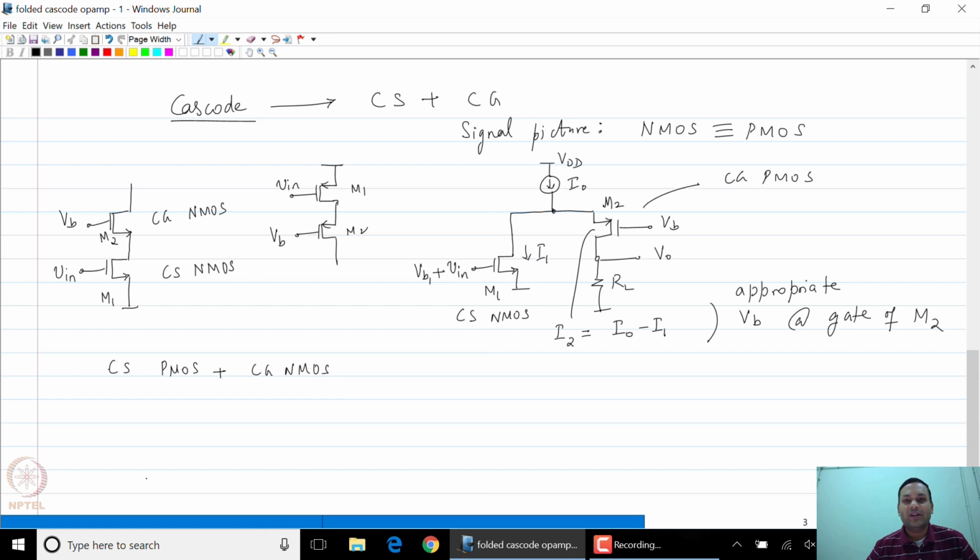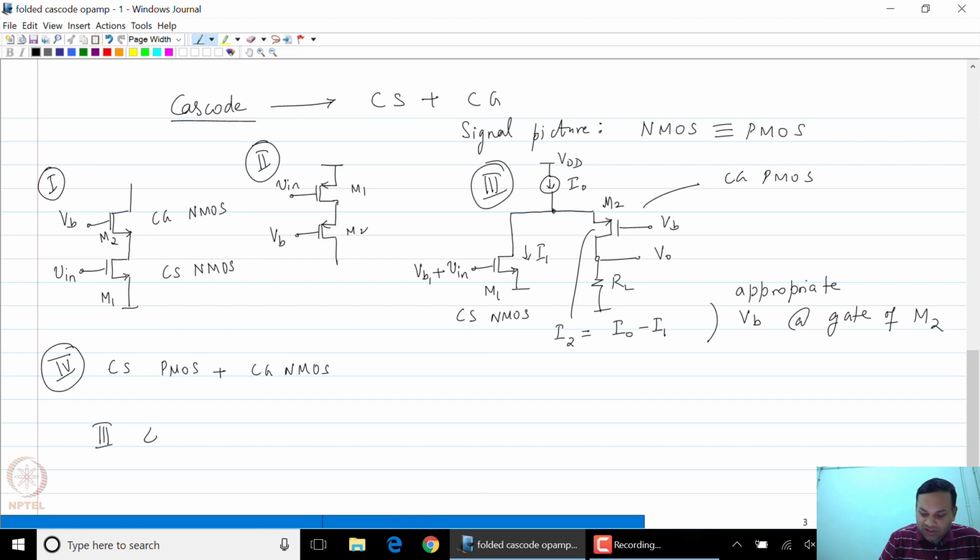It is a pretty straightforward extension of this particular structure. Now, what is the big difference between the folded cascode structure? So these structures, maybe I'll call them 1, 2, 3 and 4. The point to note is that 3 and 4 are the so-called folded cascode amplifiers.